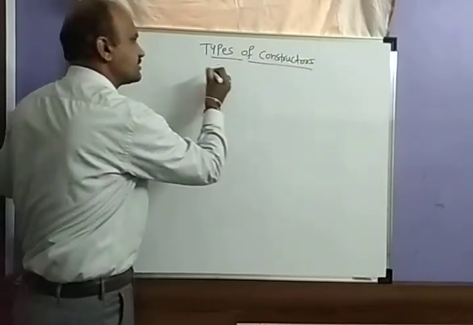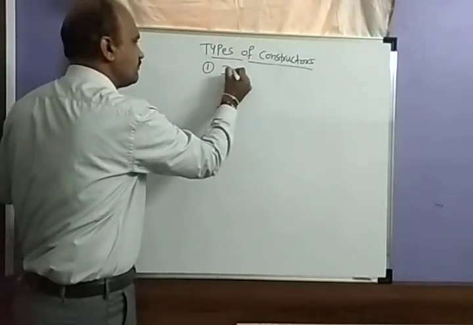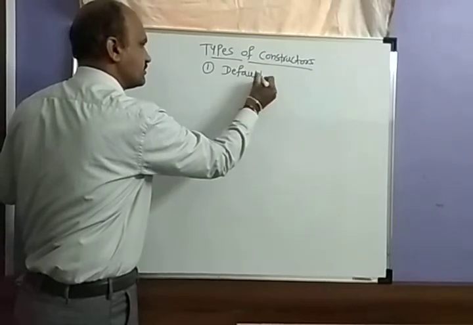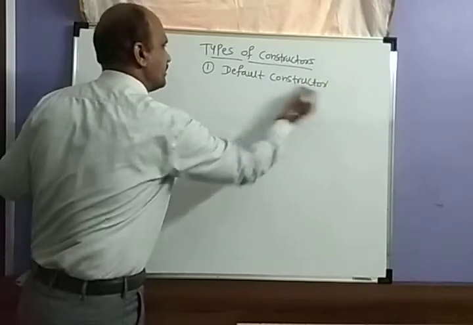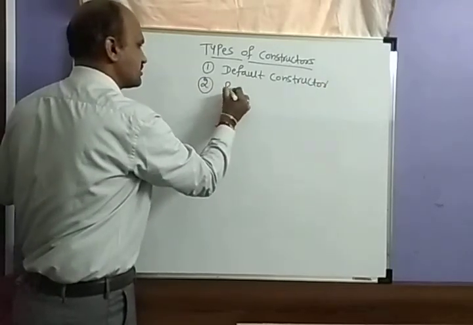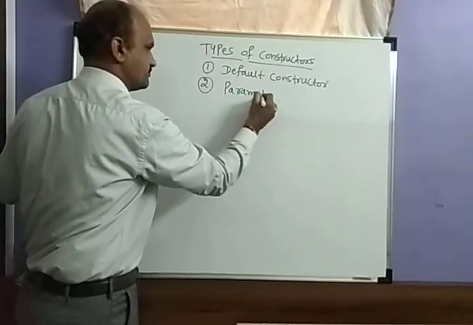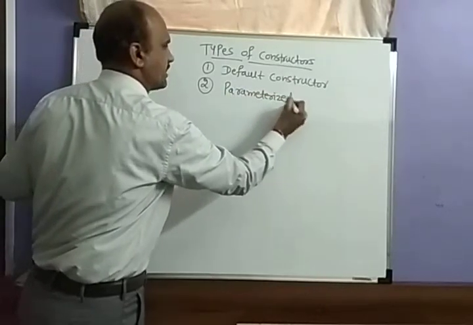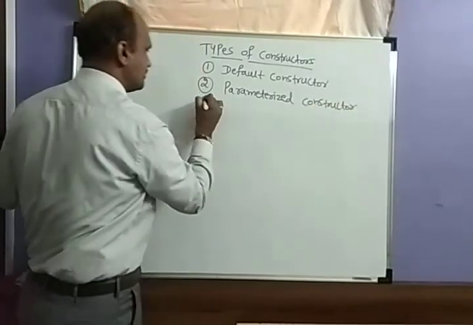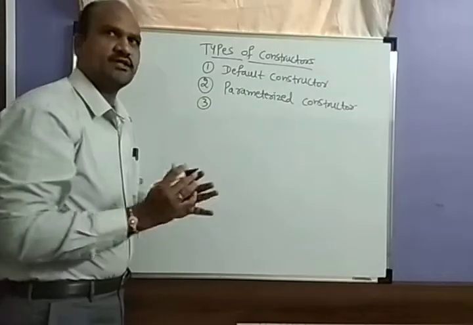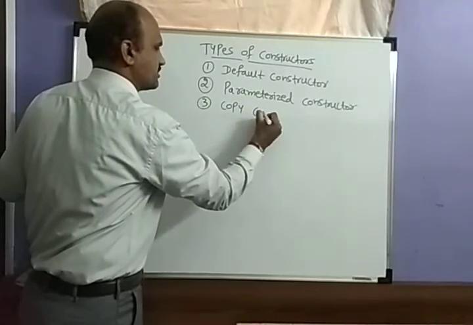So mainly there are three types of constructors. One is called the default constructor, second one is the parameterized constructor, and third one is the copy constructor.